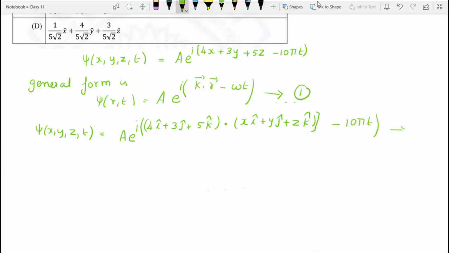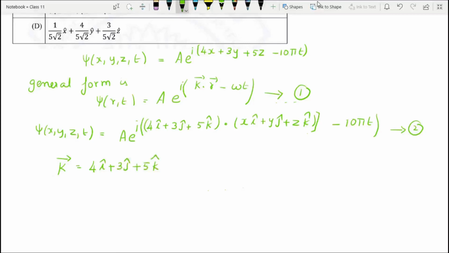Let it be equation 2. Now by comparing 1 and 2 we can write k vector is equal to 4 i cap + 3 j cap + 5 k cap, right?